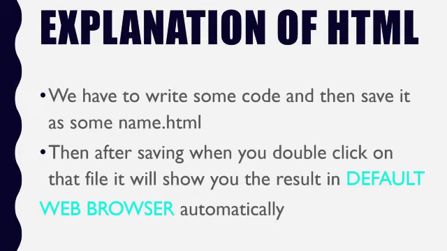The default web browser is nothing but the browser which is set by default, and you can change it to Google Chrome or whatever web browser you want. So it will only show you in the default web browser. So let's go ahead and see what are the other things of HTML.